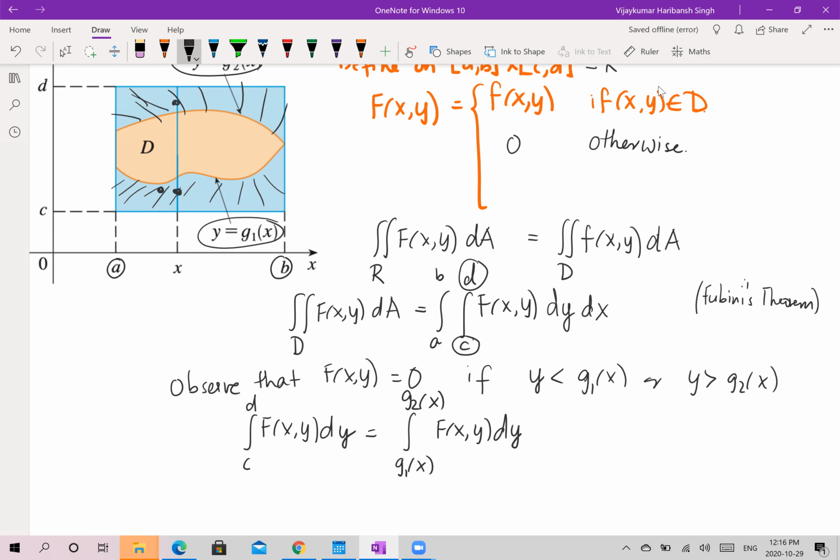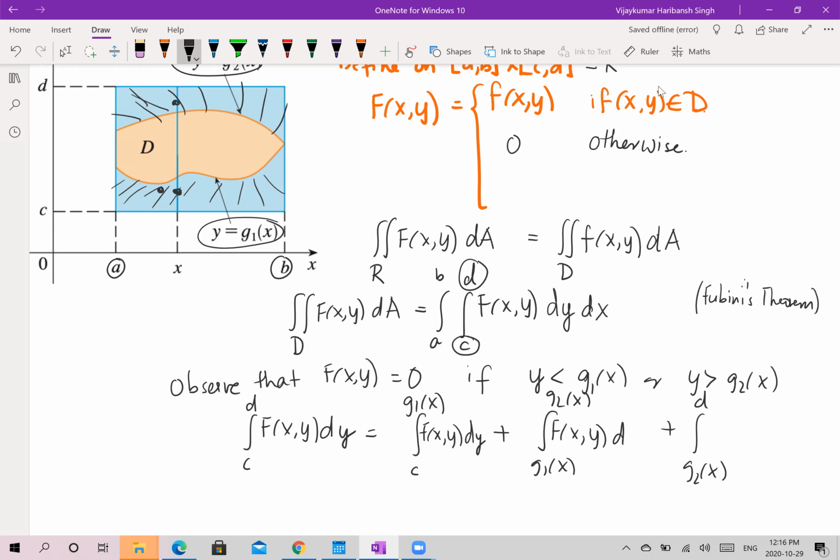You'll say, why is that? Well, it's an integral of one variable, and recall you can break it down. So if you would like, we can make it a bit more elaborate. Namely, we have C to g1 of x plus g1 of x to g2 of x plus g2 of x to D. Now here your function is 0.